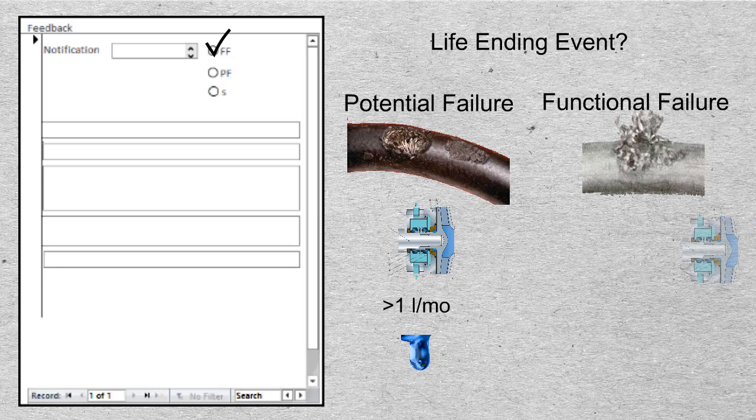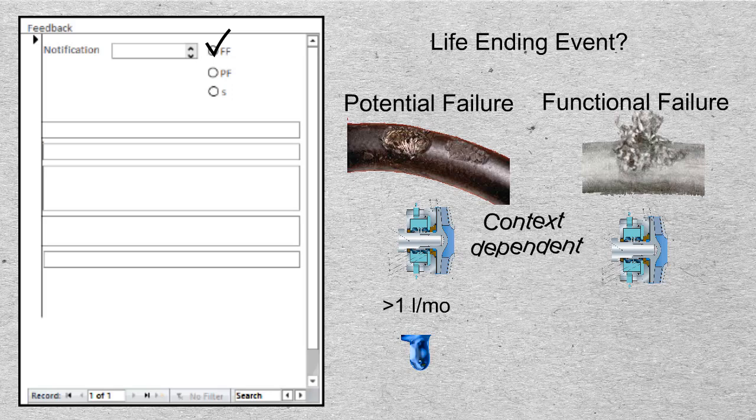The identical seal failure, in some other context, could be a functional failure if significant operational, maintenance, safety, or hidden consequences were incurred. Declaring a failure as functional or potential is context-dependent.